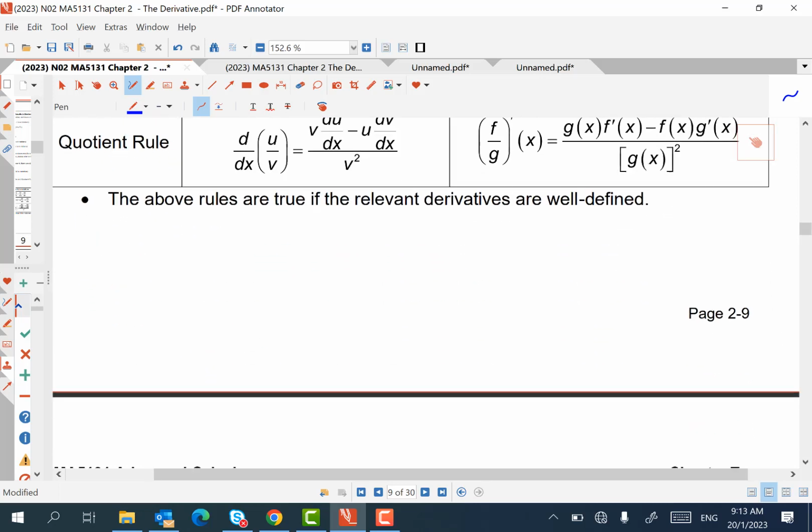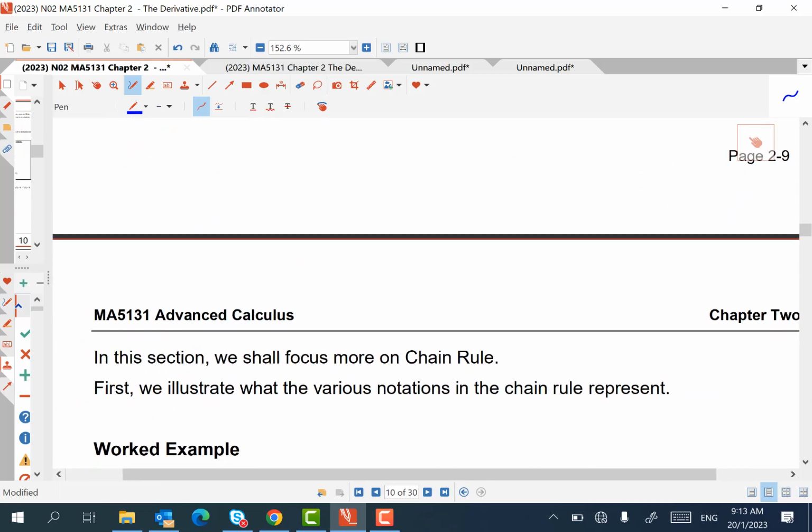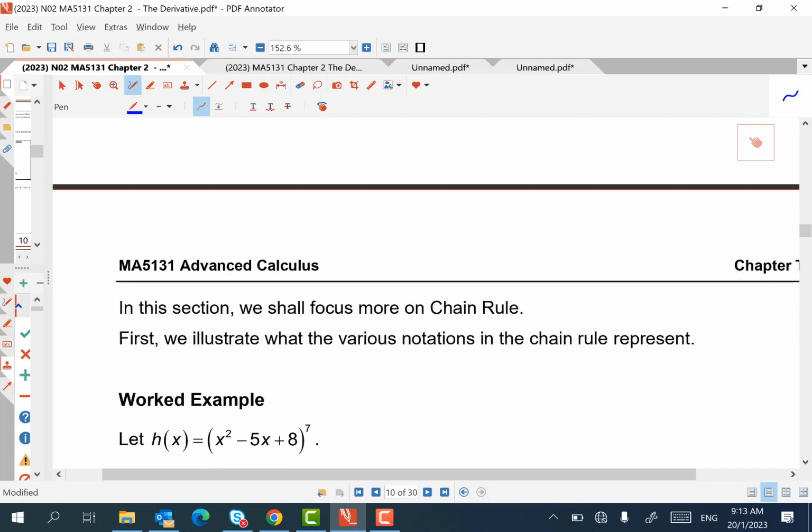Okay, for this worked example that comes up now, it's kind of an easy question because you all know how to differentiate this. Let me hear from someone.